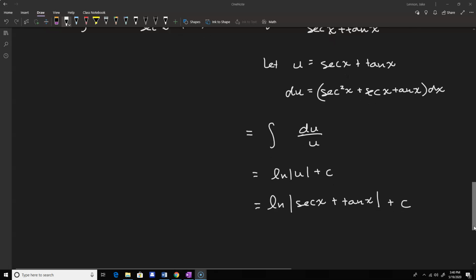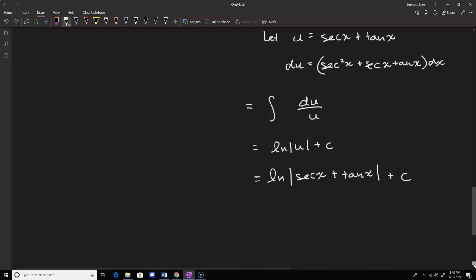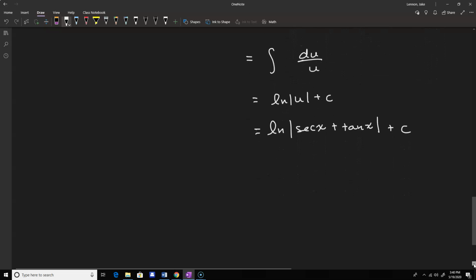Okay, so moving forward, let's look at some other integrals maybe that don't necessarily involve trig functions. Let's look at finding the antiderivative of the natural log of 12x over x.